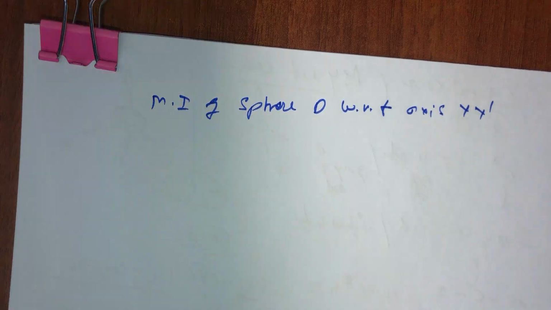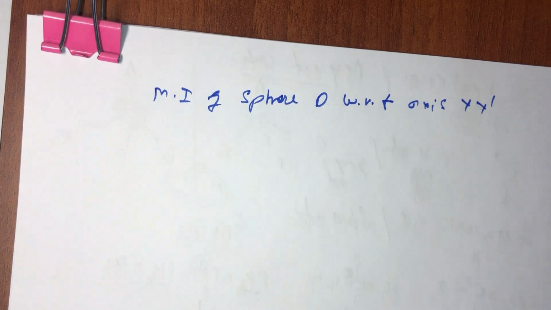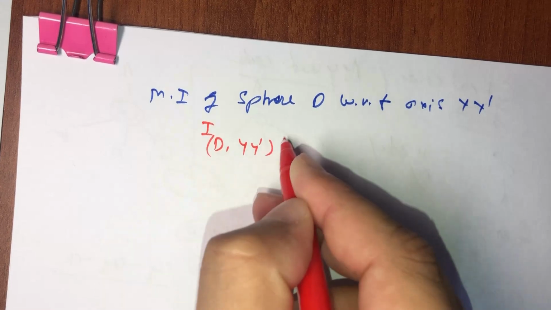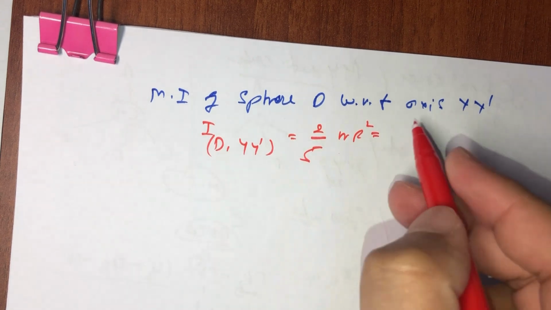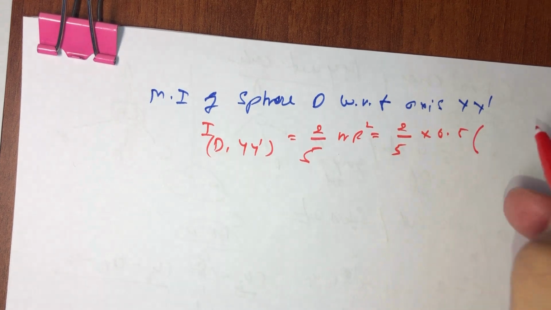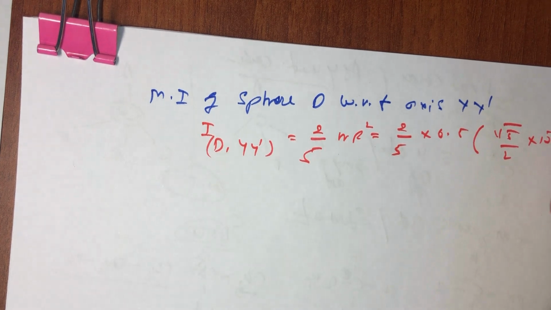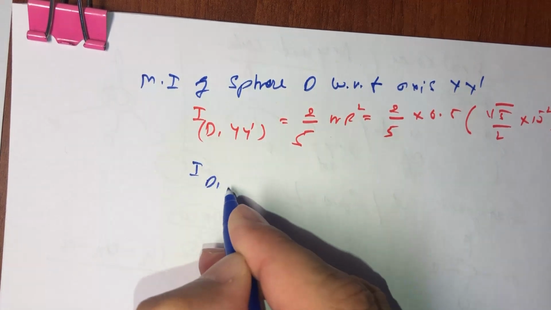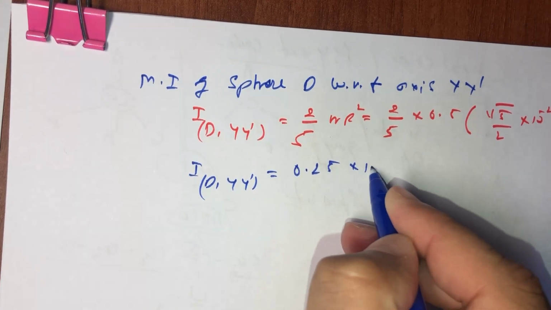So this D sphere is already lying on the y prime axis, so we can say moment of inertia of D with respect to axis y prime is equal to 2 by 5 mr square. So this will be 2 by 5, mass is given as 0.5, radius is 5 divided by 2 multiplied by 10 raised to power minus 2 whole square. So we get I D y prime is equal to 0.25 into 10 raised to power minus 4.